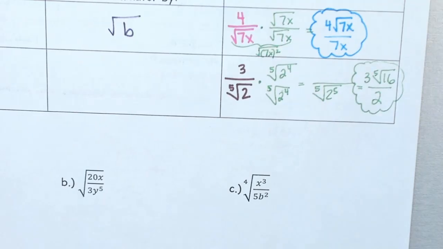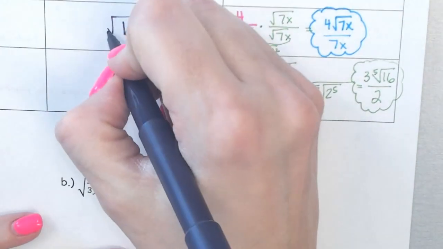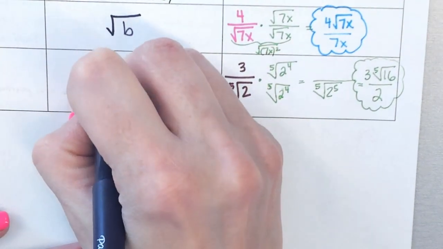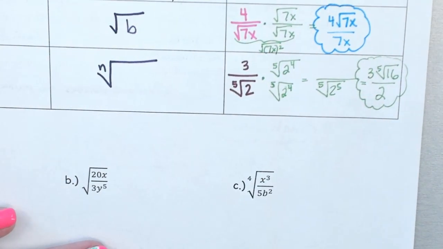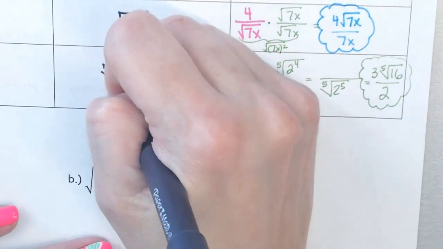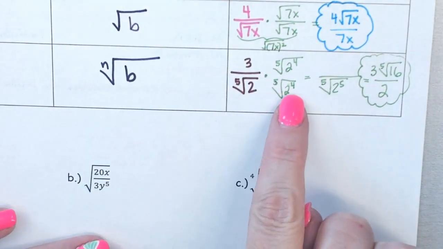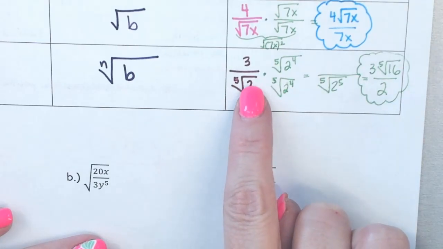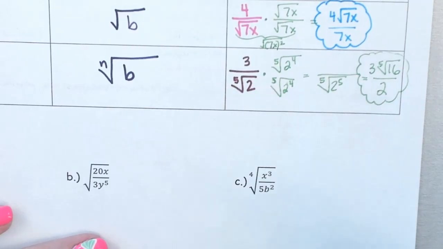Okay, so the formula that you can use to help you with this is the nth root of b, and then this was 2 to the 4th because we needed 5. Do you guys know what the exponent is on this? 1.